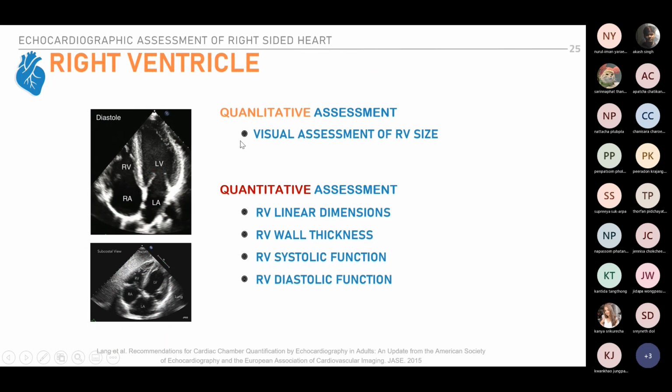Echocardiographic assessment of the RV can be divided into two parts: qualitative assessment and quantitative assessment. Quantitative assessment consists of RV linear dimension, RV wall thickness, RV systolic function, and RV diastolic function.